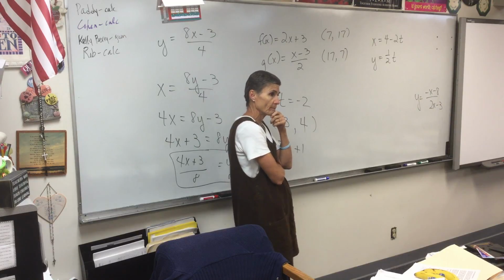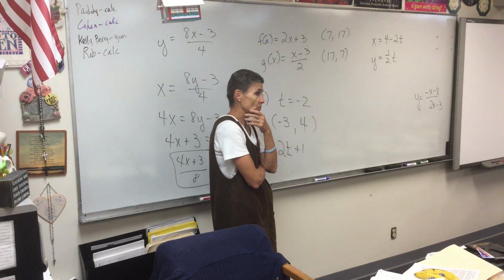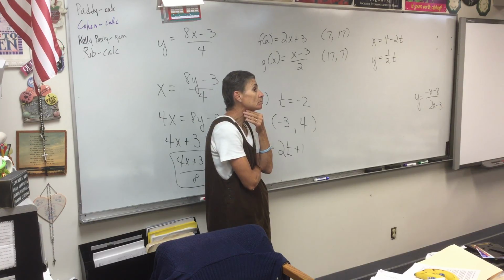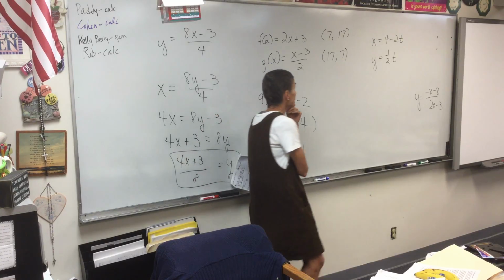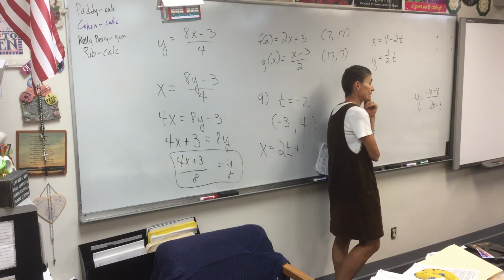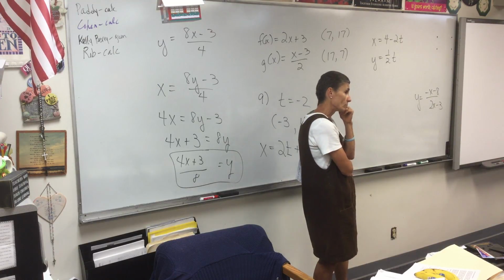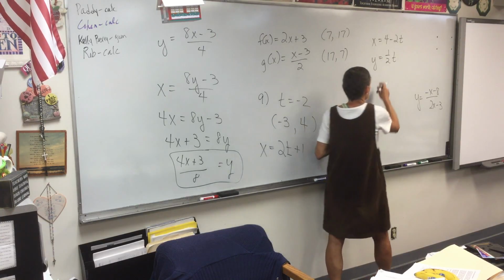So what do we need to do? Who remembers? Get T alone. Does it matter which equation I get T alone in? No. Could I do both? Yes. I'm not going to in this problem. I think it's easier to just do one.